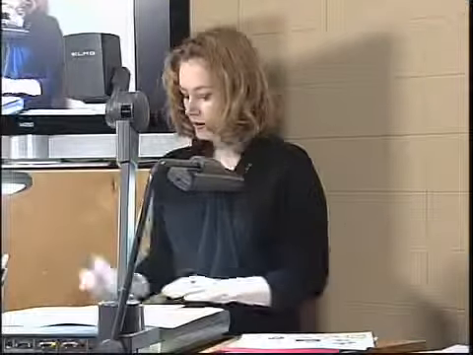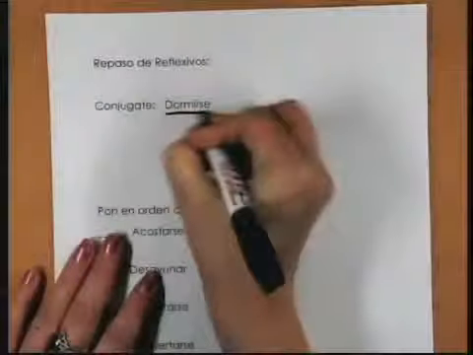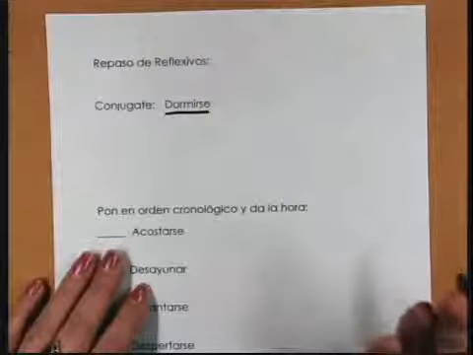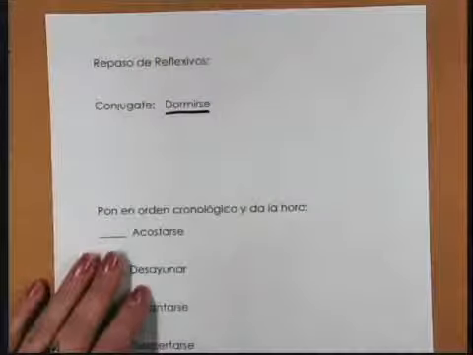Muy bien. Ahora los verbos reflexivos. We've done quite a bit with the reflexive verbs. Let's just review the conjugation. Okay. Tenemos el verbo dormirse. We know it's reflexive because it has a se at the end of the infinitive. So dormirse, ¿qué quiere decir dormirse?